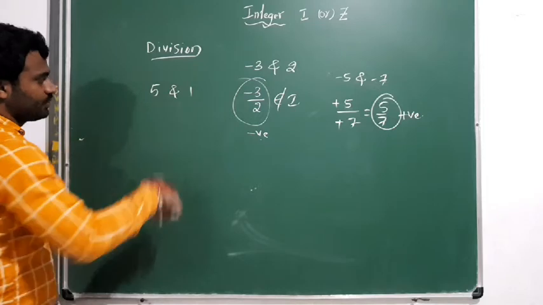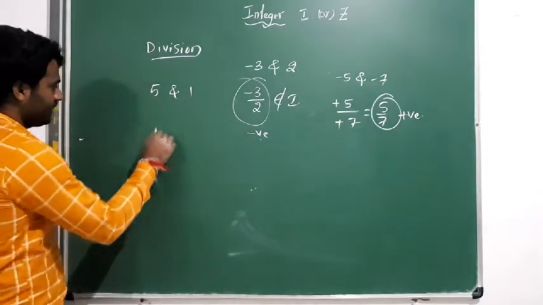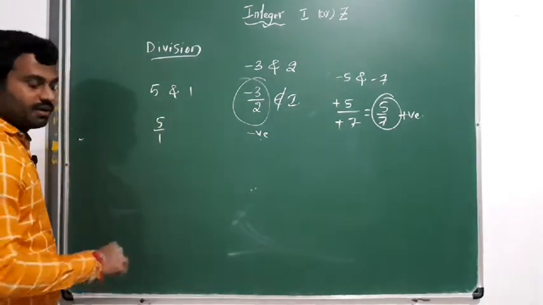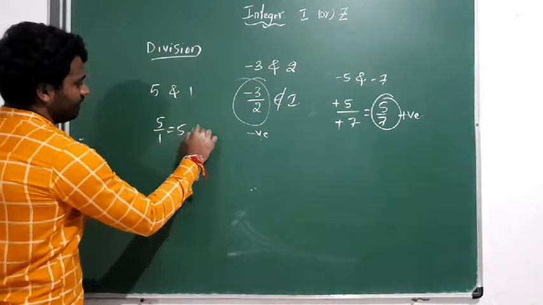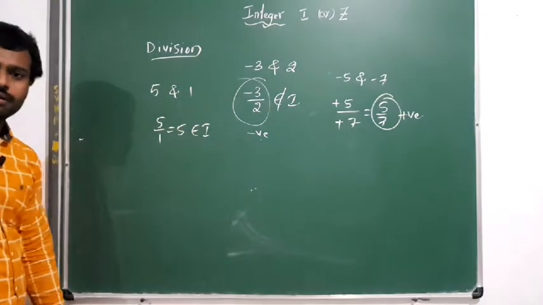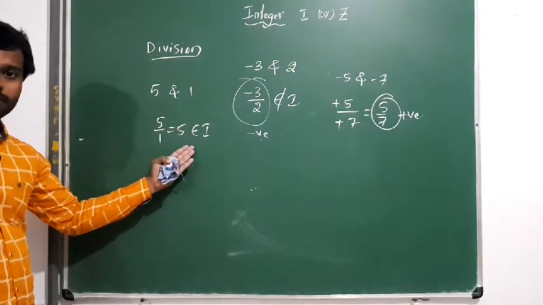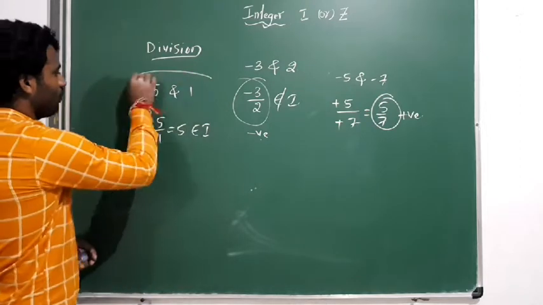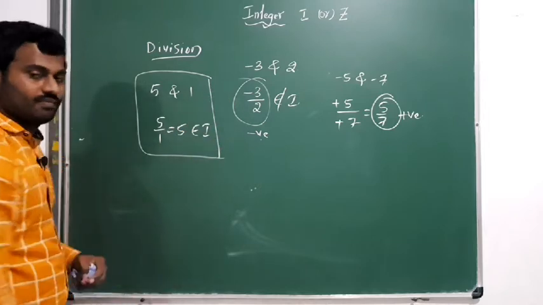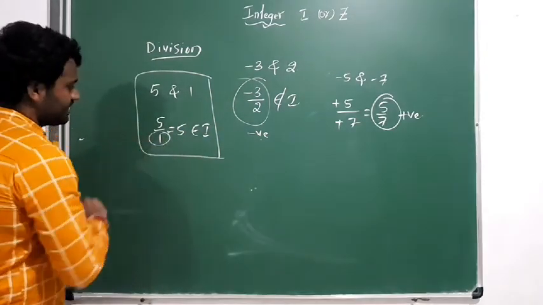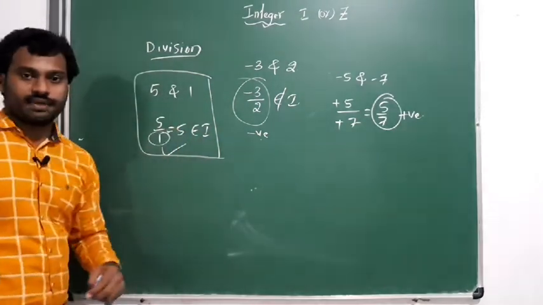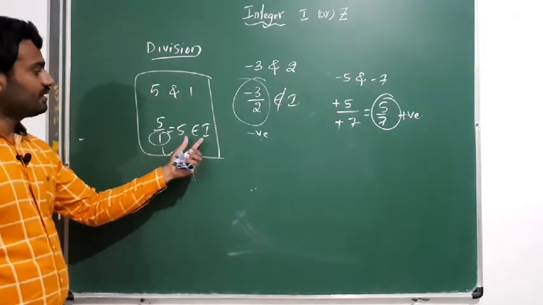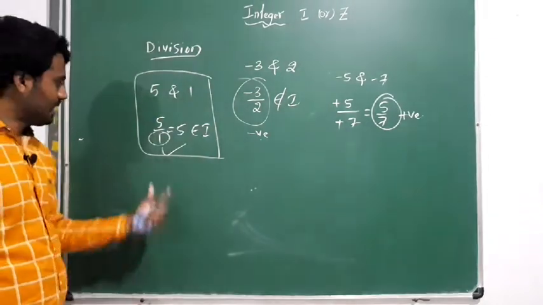One more example I take, just very interesting. So 5 and 1. 5 by 1 is nothing but 5, which belongs to integers. Then can we apply operations? No. It is satisfying only for this one, when the denominator is 1. Then only the number will be in the integers.